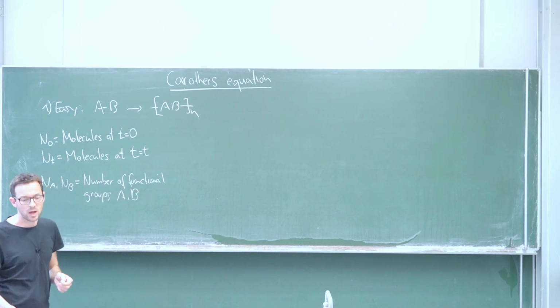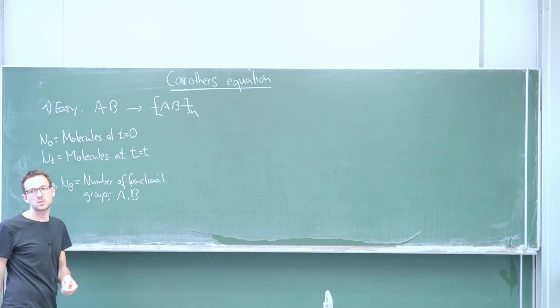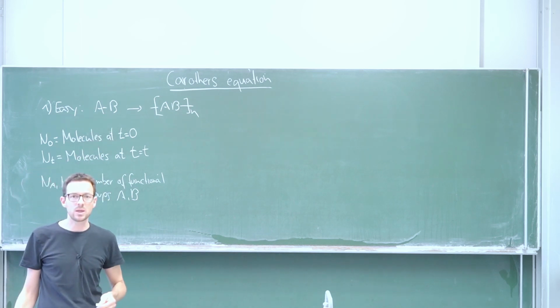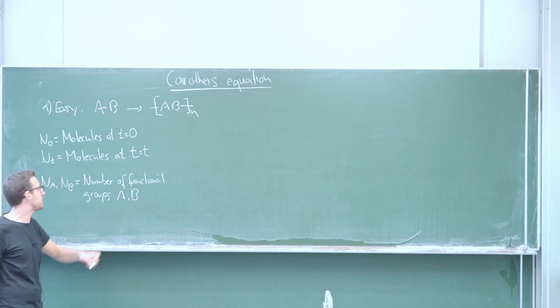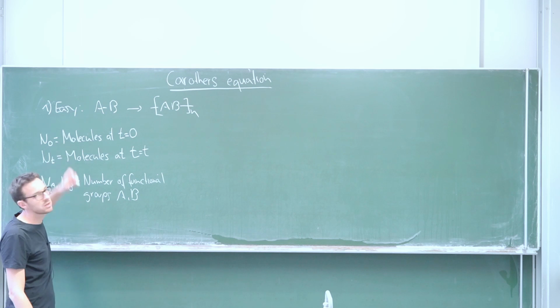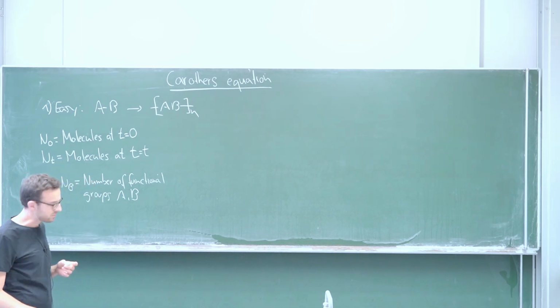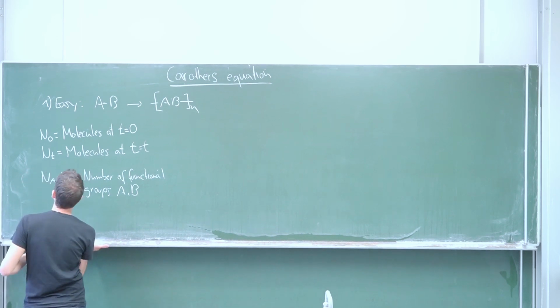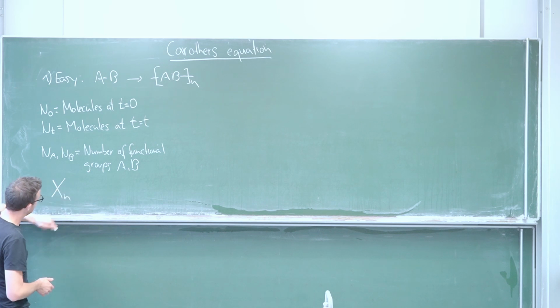Why don't we need this right now? Well, it's fairly simple to see. If we use such monomers, the numbers of monomers at the beginning is exactly the same as the numbers of functional groups A and B. So Na equals Nb equals N0. So it doesn't really matter. And now the last thing that we need to think about is how we can describe Xn.